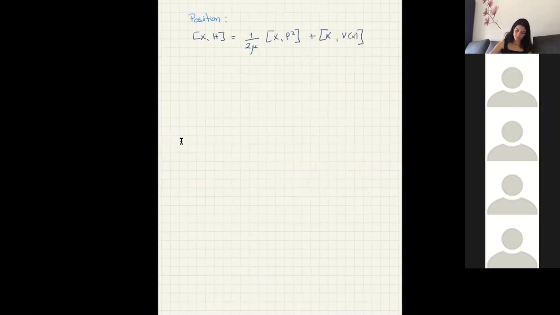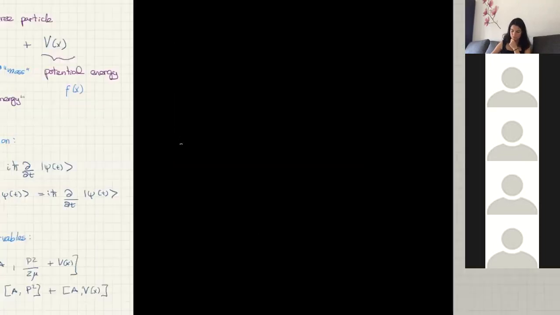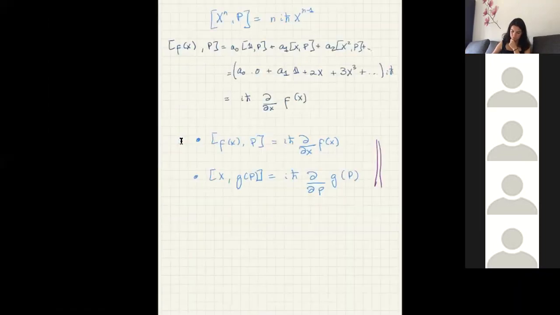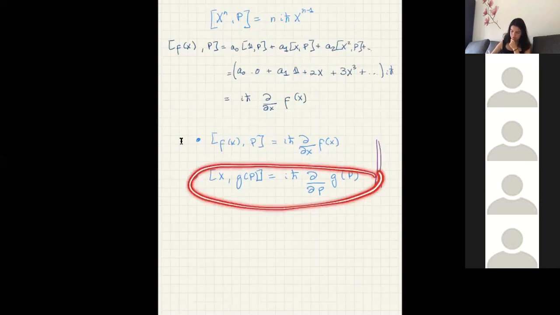Now this term here is going to be 0 because V of x is just a power series of x. We're considering only well-behaved cases. So it's only a power series of x, and x will obviously commute with every power of itself. And now, to compute this one, we take p squared as a function of p, and we're just going to apply our result from before.